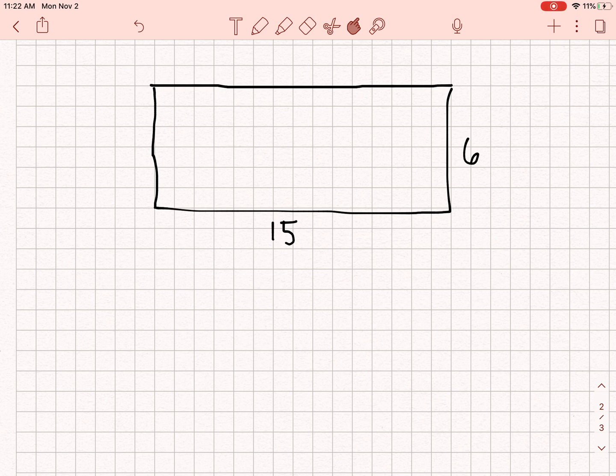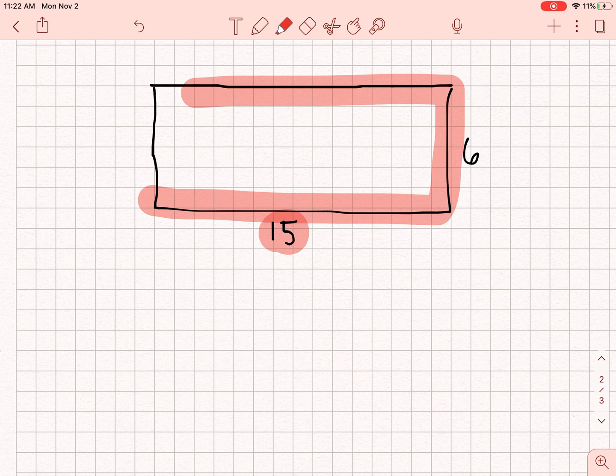All right. Go ahead and unpause if you're done. If not, keep working on it. Let's see how that went. So for my first step, I know the length of the bottom here, but to find the perimeter, I need to find the length of all four sides put together. So if the length of the bottom is 15, the length of the top must be 15 as well.